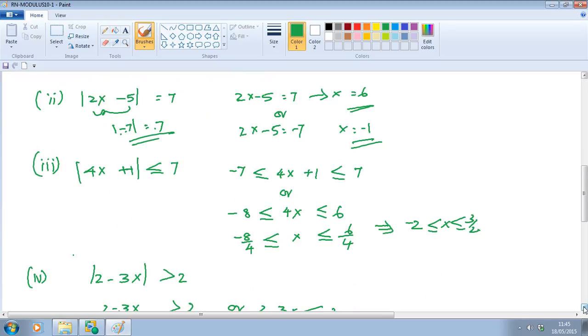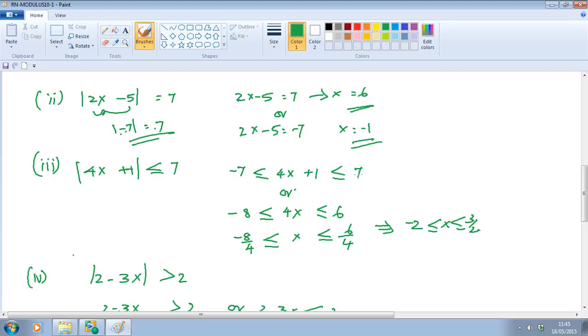Third one: modulus of 4x plus 1 is less than or equal to 7. First we apply the formula: minus 7 is less than or equal to 4x plus 1, less than or equal to 7.